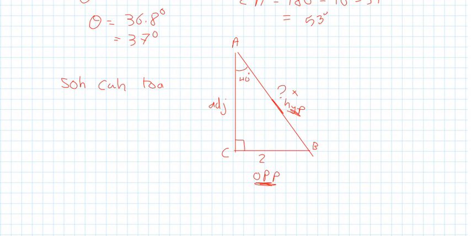So in this case, I'm going to use sine. Do I know the angle? Replace it with the 40 degrees. So it's going to be sine 40 equals, do I know the opposite? 2 over whatever this is, x.